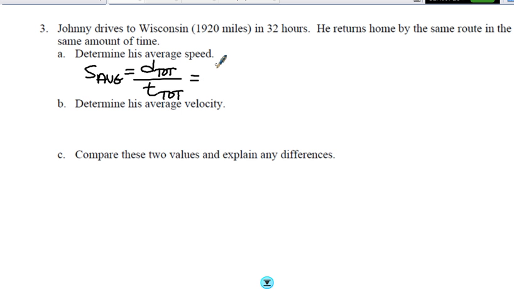So you get a total of 3,840 miles. That's the total round trip. Now, it takes him 32 hours to go and 32 hours to come back. So that's a total of 64 hours. So we did the total distance and the total time. If we divide them through, you get that the average speed is 60 miles per hour.